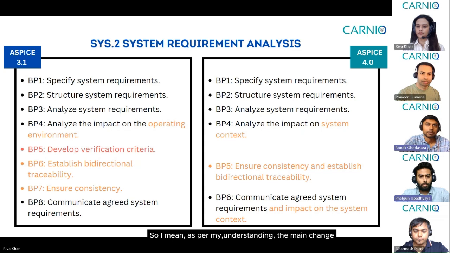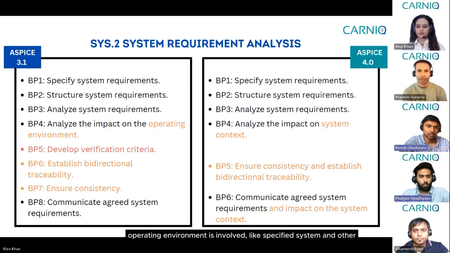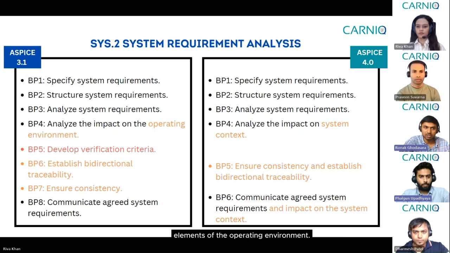Right. So as per my understanding, the main change I see is that in 3.1 it was mentioned as operating environment, and now in 4.0 it is changed to system context. For operating environment, it was specified as the specified system and other elements of the operating environment.